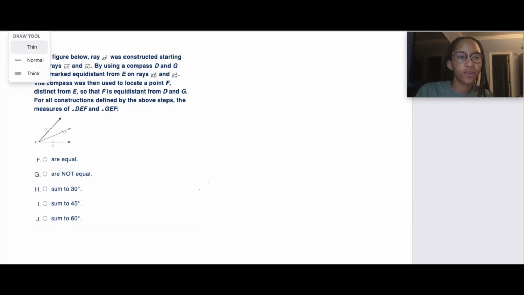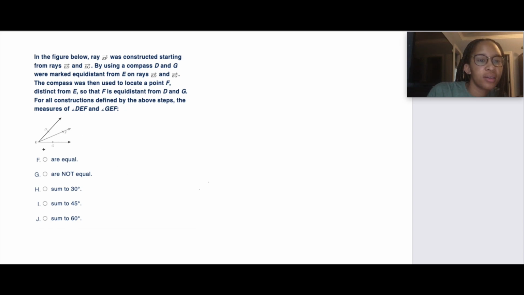In the figure below, ray EF, which is going to be this, was constructed starting from rays ED and EG. By using a compass, D and G were marked equidistant from E, so that means they're marked equidistant from E on rays ED and EG.